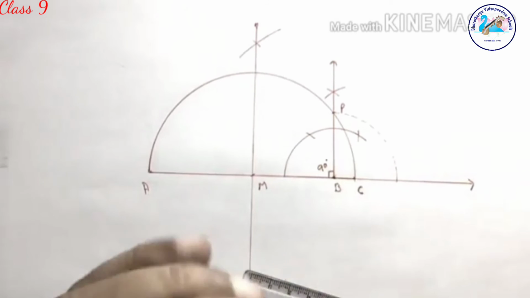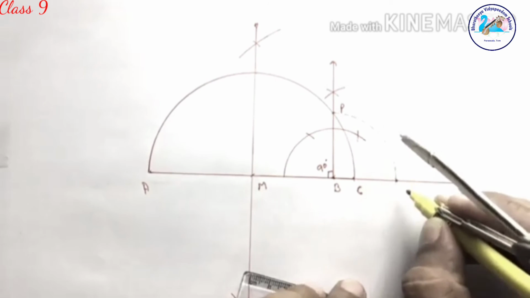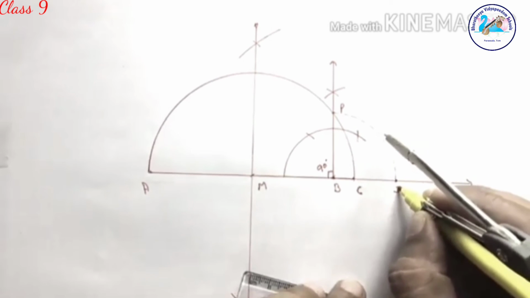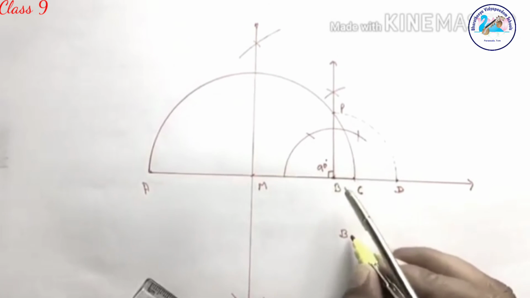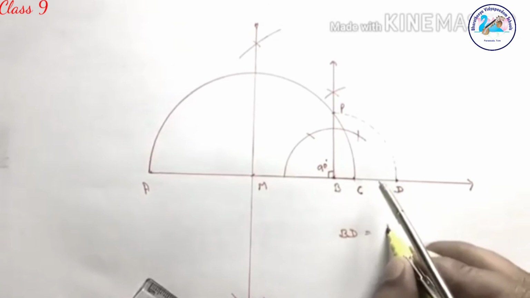The meeting point is marked as D. The length of BD is root of 9.3 centimeters.